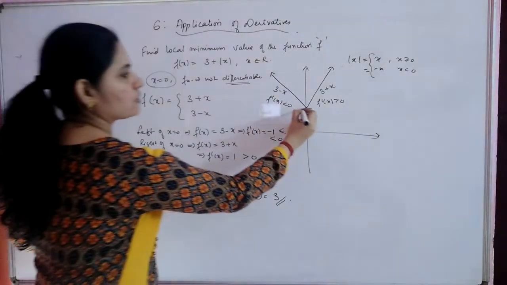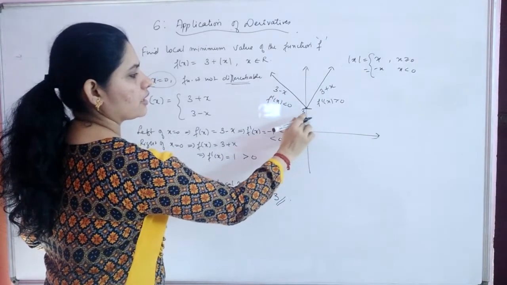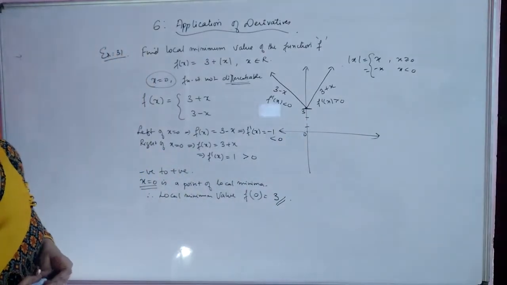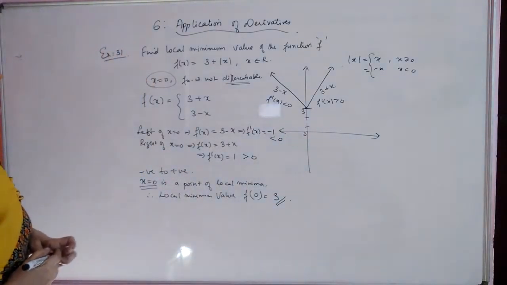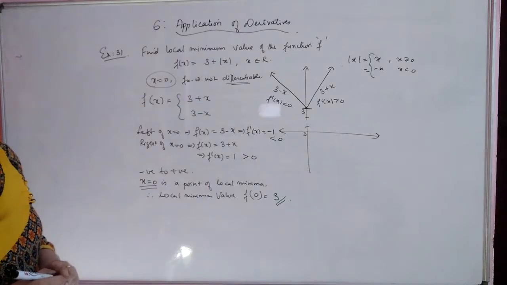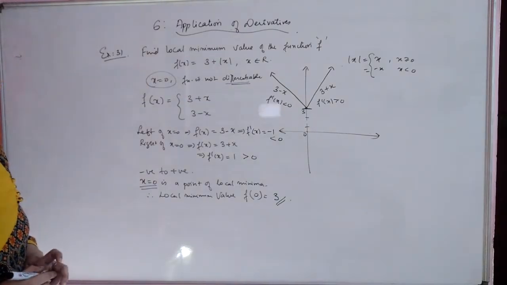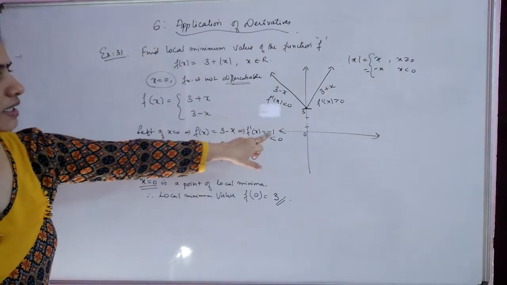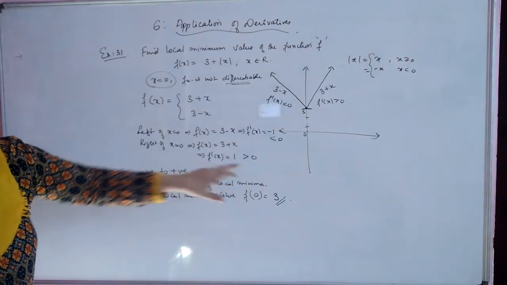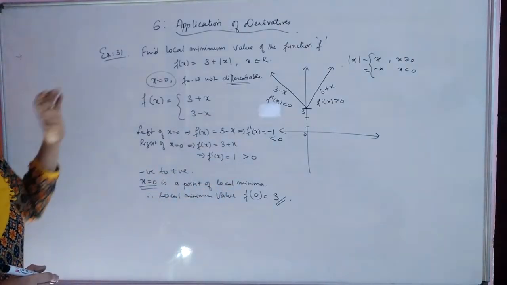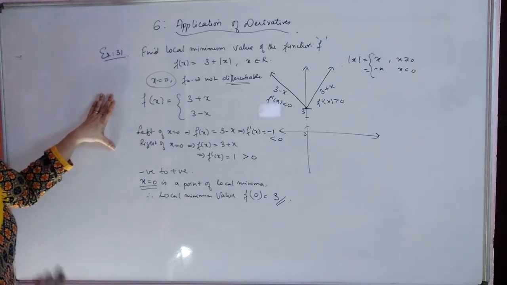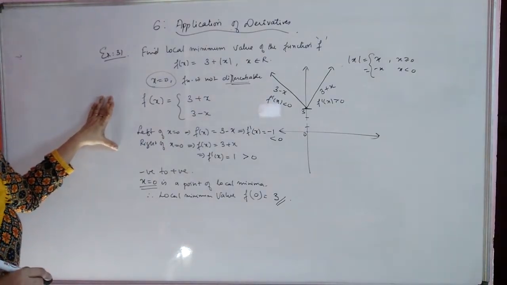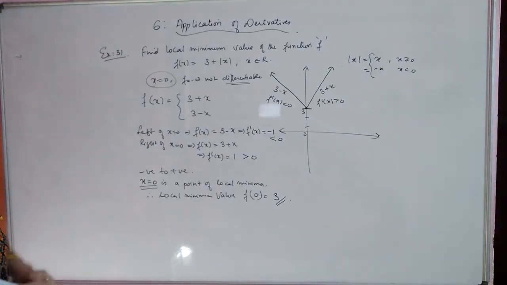This point is giving you 3. So even if the function is not differentiable, it has a local minimum. Here f double dash will give you 0, and when f double dash is 0, you cannot use the second derivative test to say whether it is a point of local minima or maxima. That's why we are using the first derivative test for this.